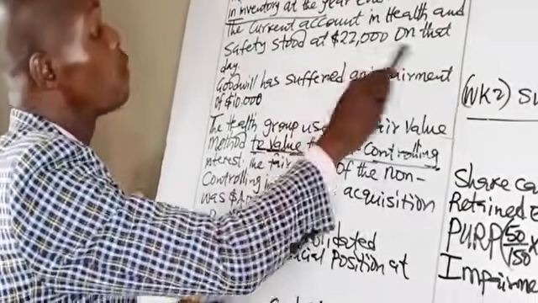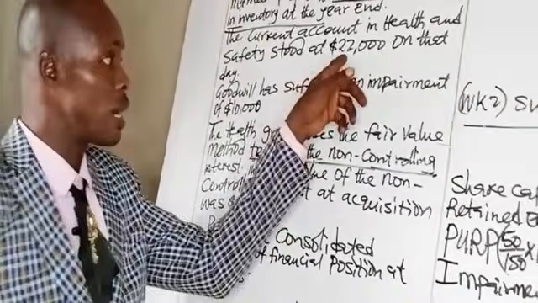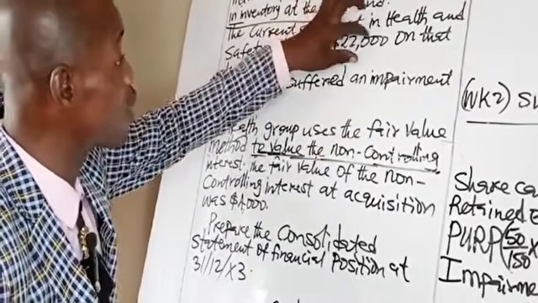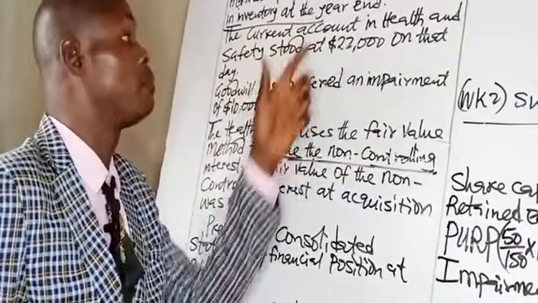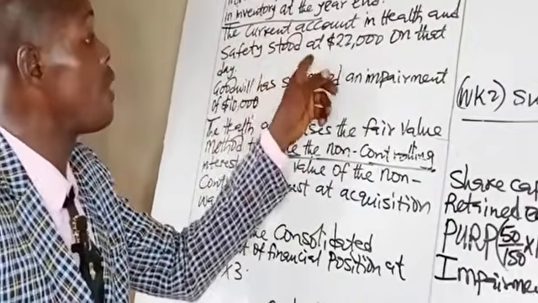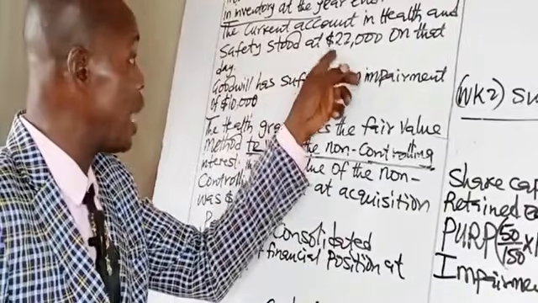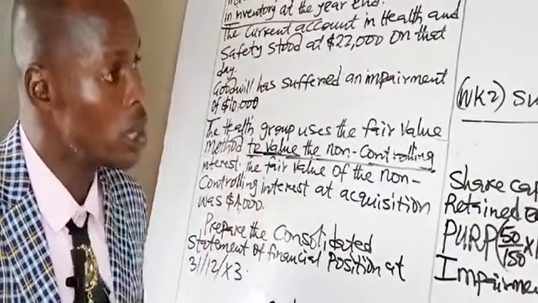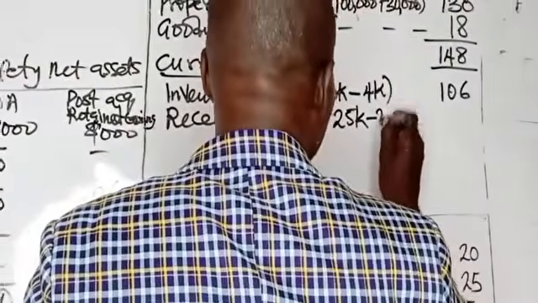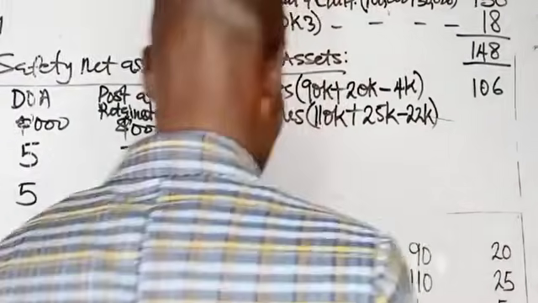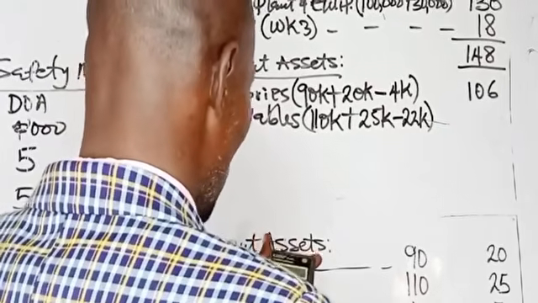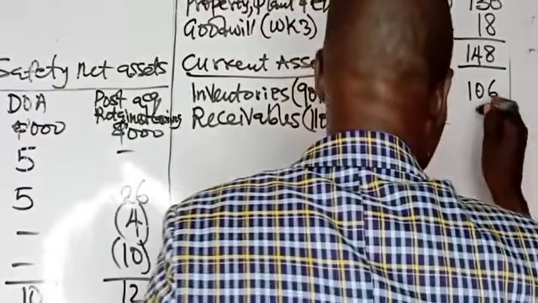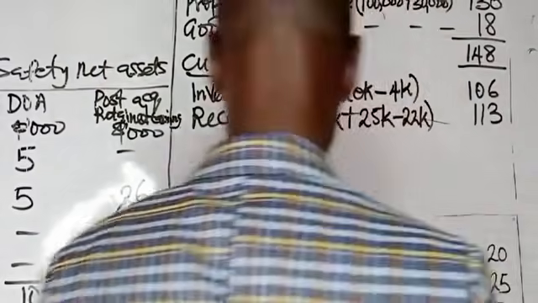I've told you earlier that the intergroup current account should be eliminated. Since the current account was not given as a separate line item in the statement of financial position of the parent company and subsidiary, you should eliminate it from receivables and payables. So in that case, you have minus 22,000. So 110,000 plus 25,000 minus 22,000 gives us 113,000. That is receivables.